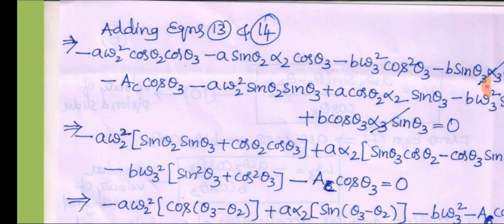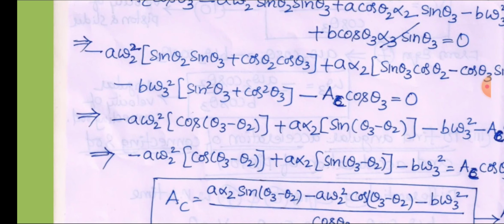Sin A sin B plus cos A cos B is nothing but cos of A minus B, that is cos of theta 3 minus theta 2, plus a alpha 2, and the term inside the bracket, sin theta 3 cos theta 2 minus cos theta 3 sin theta 2, is in the form of sin A cos B minus cos A sin B. That is nothing but sin of A minus B, minus b omega 3 square, because the bracket inside is sin square theta plus cos square theta, which becomes 1. Therefore 1 into b omega 3 square is minus b omega 3 square, minus AC cos theta 3 is equal to 0.